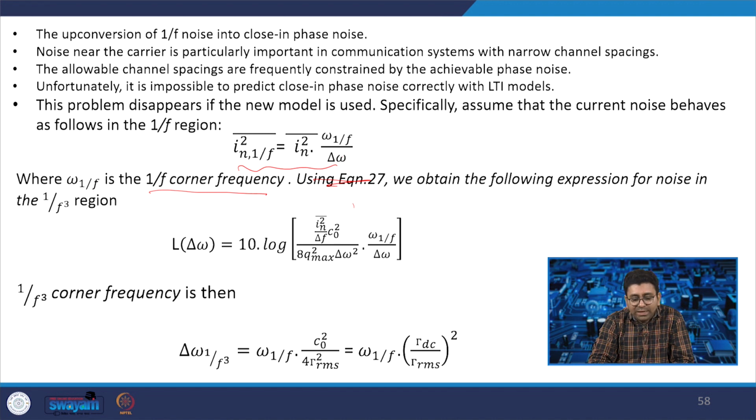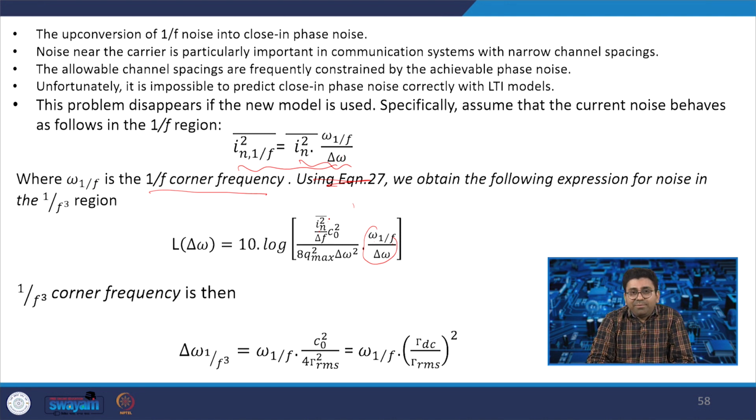So, L of delta omega we can write equal to 10 log of in square by delta f, c naught square by 8 q max square delta omega square, and this is omega 1 by f by delta omega. So, this will be replaced with this equation.